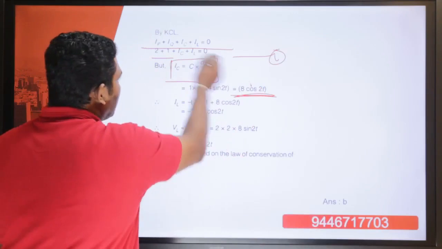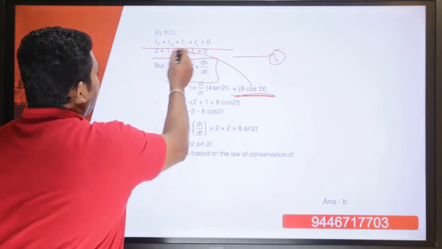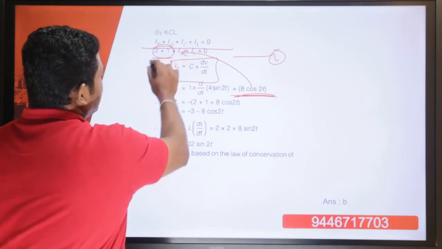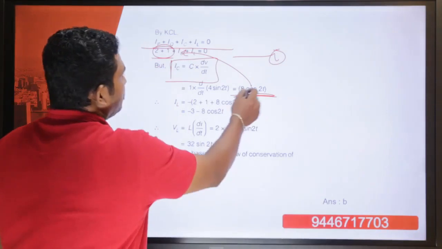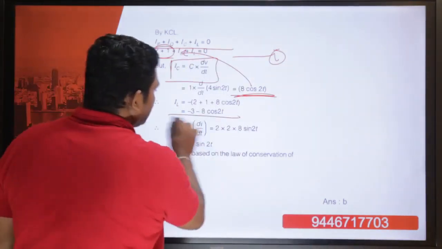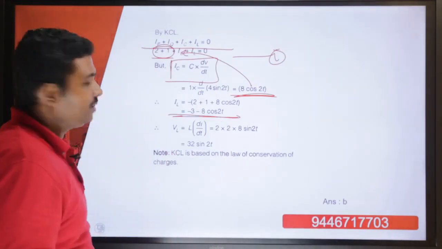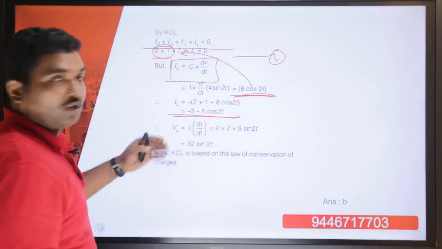We can put it into equation 1, because IP and IQ are 2 and 1, so that means it is 3. 3 plus 8 cos 2t plus IL is equal to 0, or IL is equal to minus 3 minus 8 cos 2t. So we have obtained the value of IL.